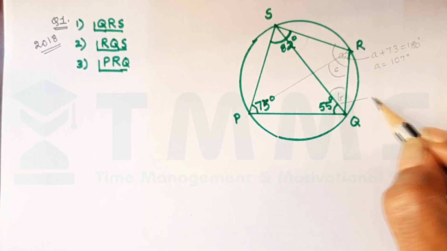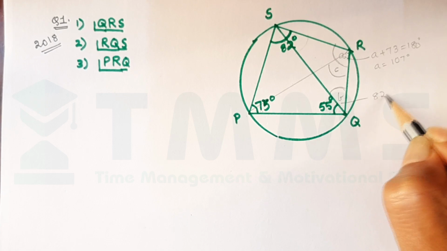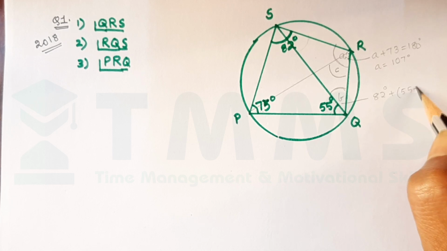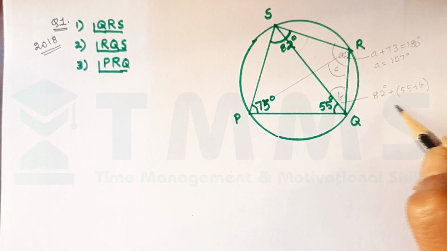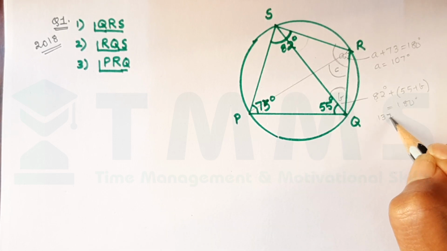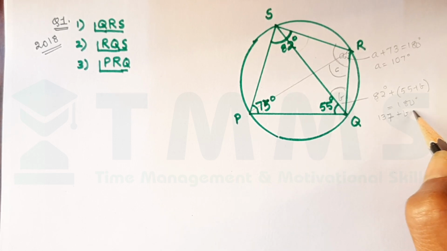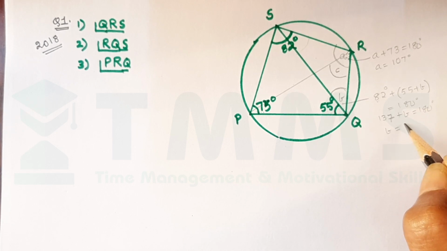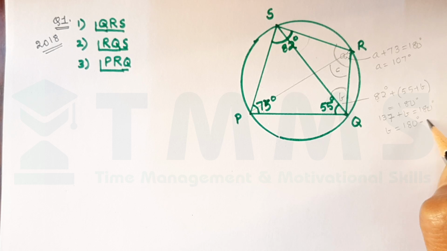And so 82 degrees plus Q, which means 55 plus B, will be equal to 180 degrees. So we have 137 plus B is equal to 180 degrees. And your B turns out to be how much? Correct? Are you getting this?